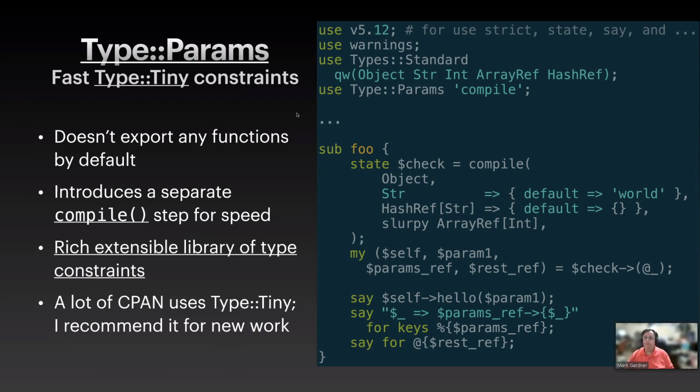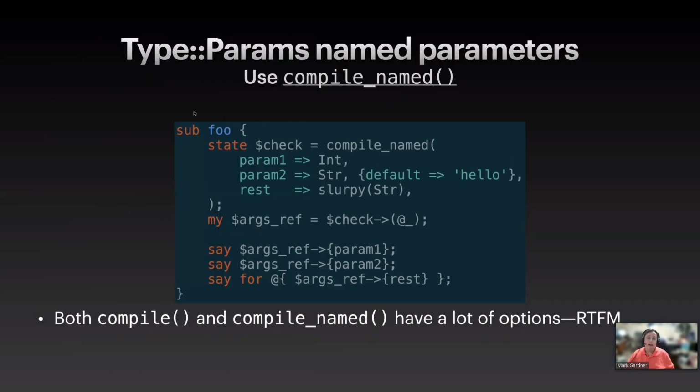Cool. So it's not magic. If you want to look into the source, it's all there. Type params has named parameters. You use the compile named function instead of just compile. It's just like a lot of what we've been doing for other modules. You pass it a hash.